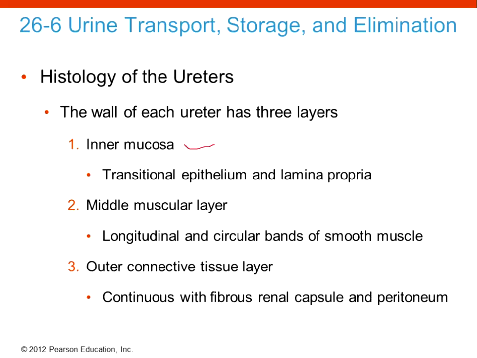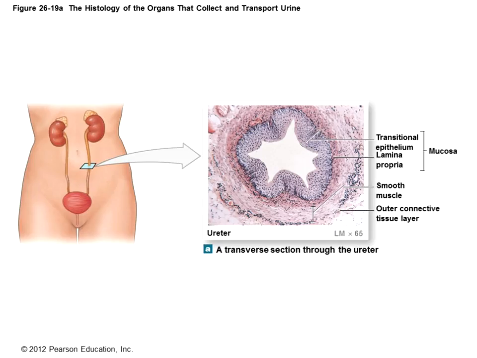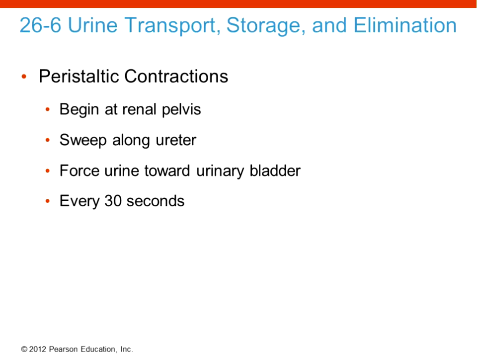The ureters have an inner mucosa, which is transitional epithelium, just like we're going to see in the urinary bladder. You have a smooth muscle layer to help push and move the urine down. And then, of course, you have an outer connective tissue layer. There's a nice transverse section through the ureter. You can see the smooth muscle, fairly thick, and the transitional epithelium as well.